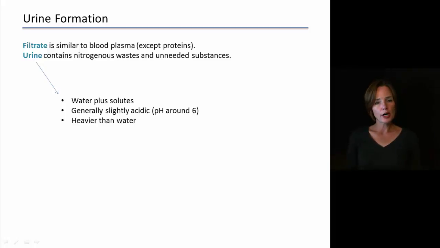So the urine is water plus various solutes. It's generally going to be slightly acidic, with a pH around 6. And when it's in the body and when it exits the body initially, it is going to be sterile. It does have a heavier density than water, and the reason for that is that it's not just water, it's water and then a lot of solutes that have been added to it.